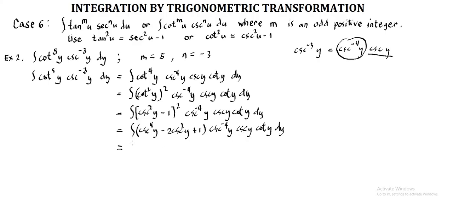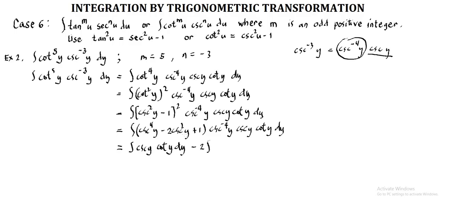So, magkakaroon tayo ng integral of cosecant y, cotangent y dy. And then minus, cosecant to the negative 4 of y, cosecant of y, cotangent y dy, times 2 cosecant squared y.